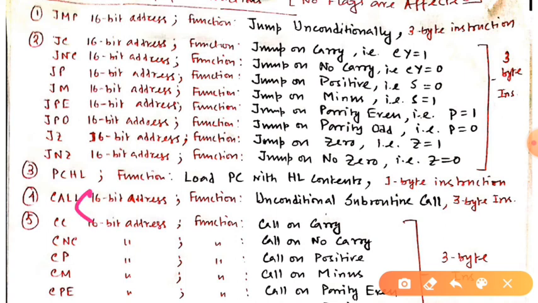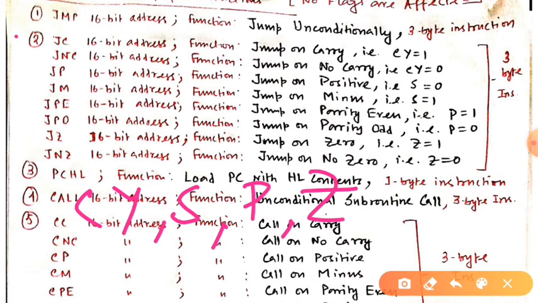The carry flag, sign flag, parity flag, and zero flag. These 4 flag bits are checked by the conditional jump instructions, and the same 4 flags are checked by the conditional call instructions also. And depending on this, we have 8 different conditional jump instructions.